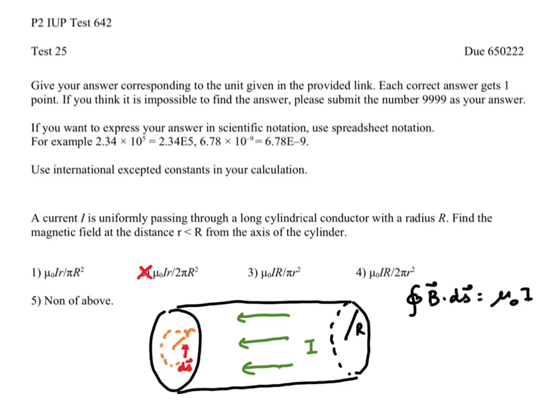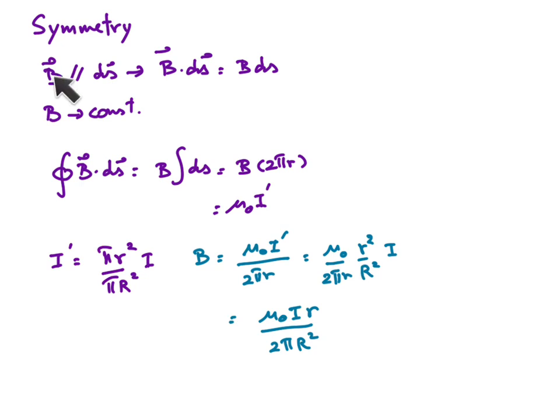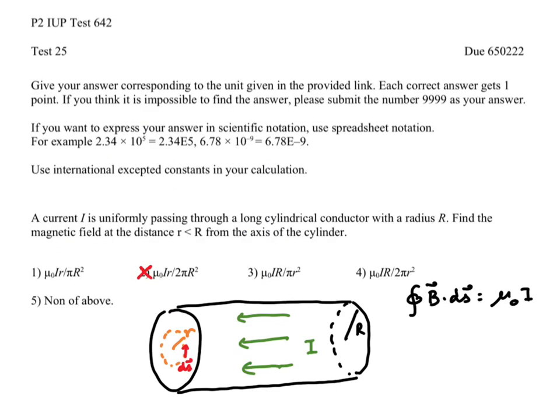Okay, so when we know that B is parallel to ds, it means that B dot ds is equal to the product of the magnitudes of these two vectors, which is B ds. Also from symmetry we know that B is constant because the current is uniform through this cylinder.